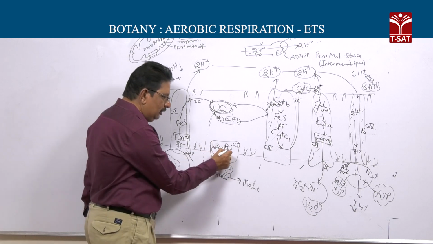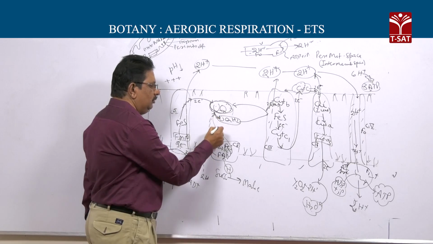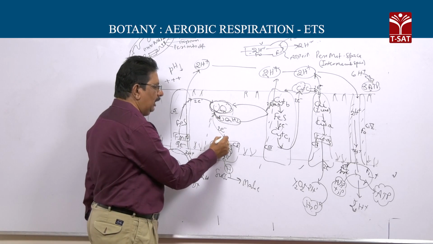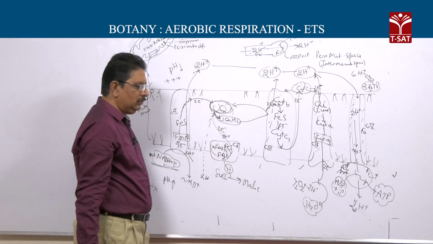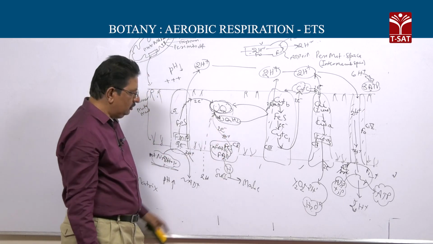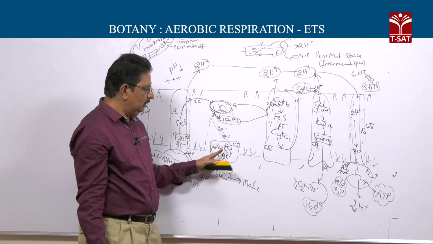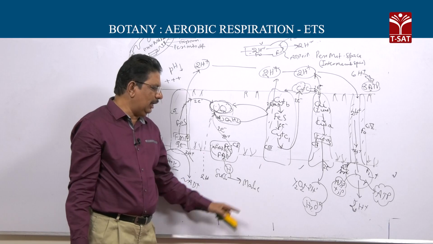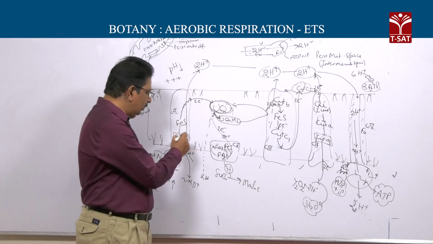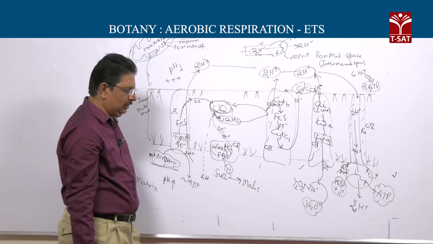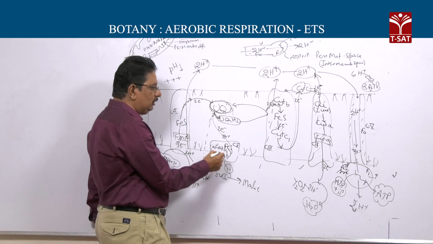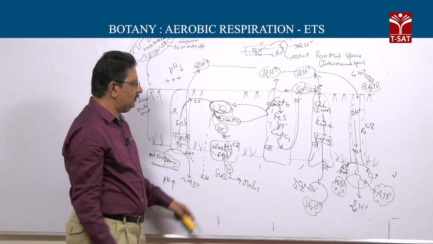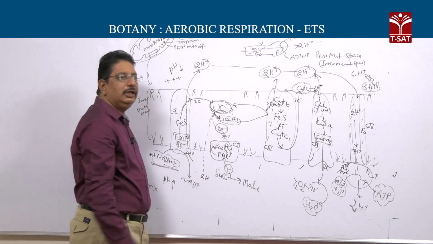FADH2 is oxidized by releasing its electrons to ubiquinone and protons, and converts into FAD. So the second complex is involved in the oxidation of succinic acid to malic acid. Without participation of complex 1, complex 2 transfers the electrons of succinic acid straight away to ubiquinone.